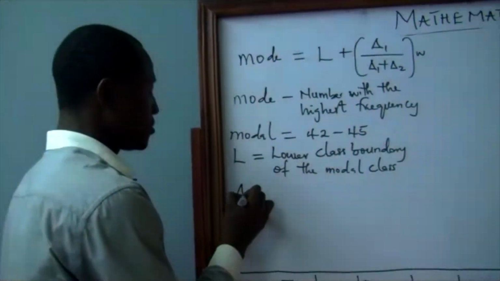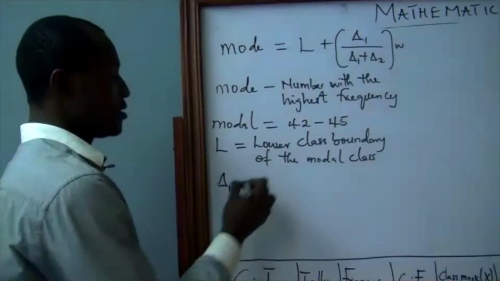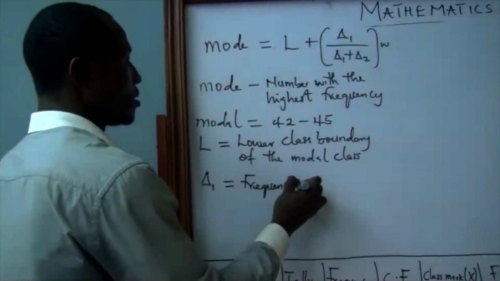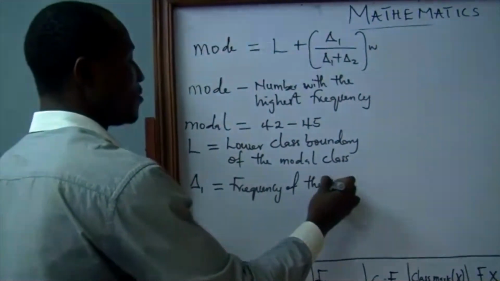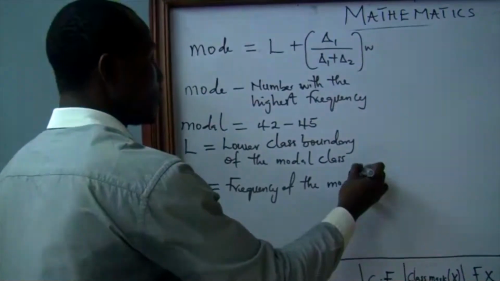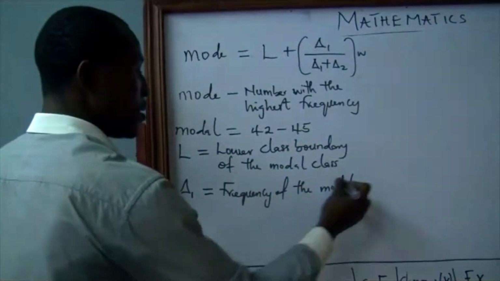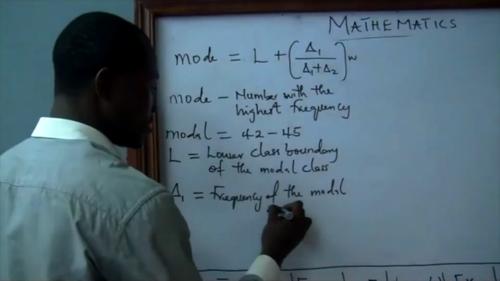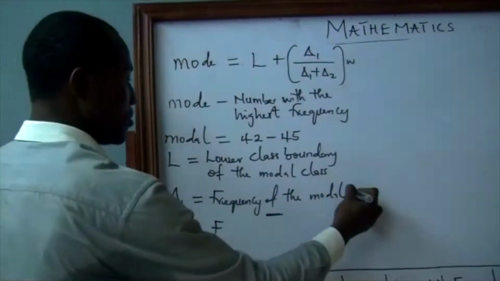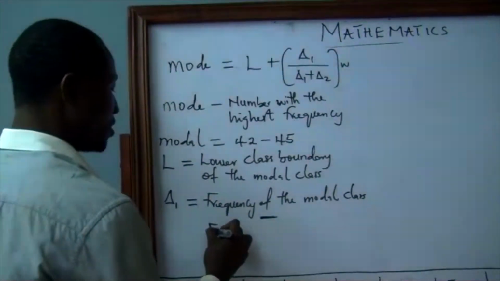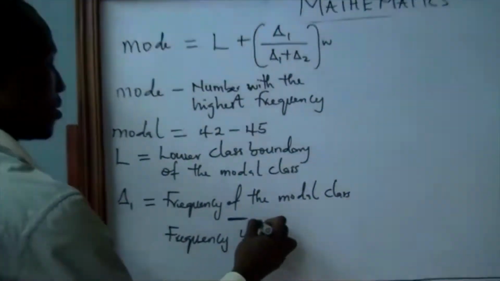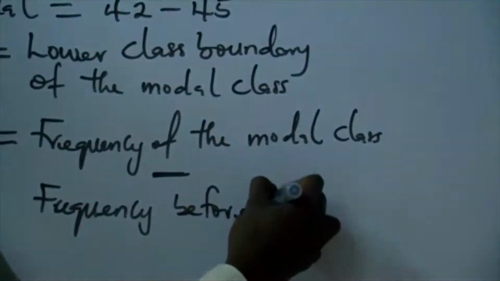Delta 1 is the frequency of the modal class minus the frequency before the modal class.